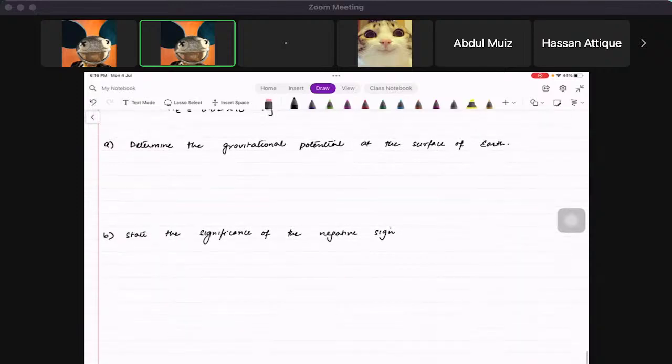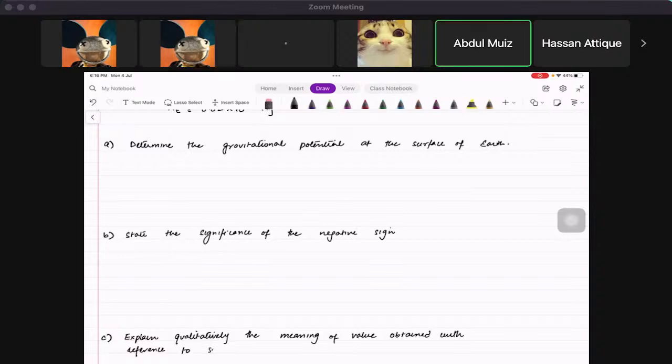And in the last part it says: explain qualitatively, which means you don't have to do any calculations, okay, the meaning of the value obtained with reference to surface of Earth and infinity.